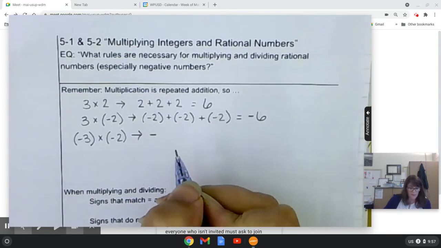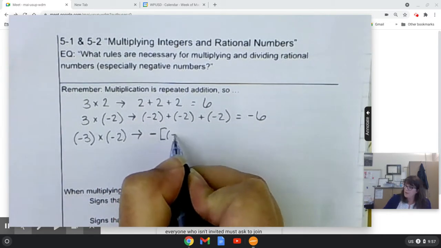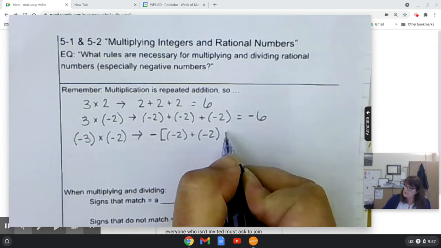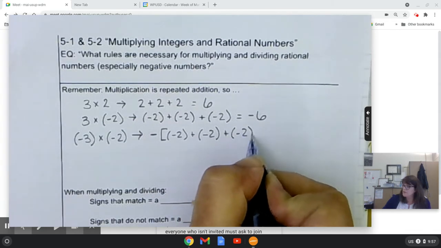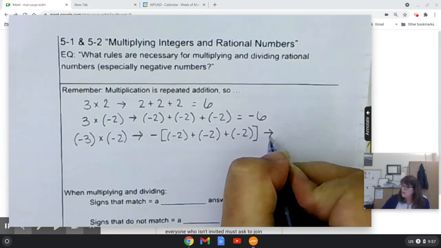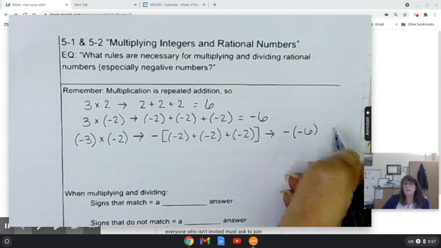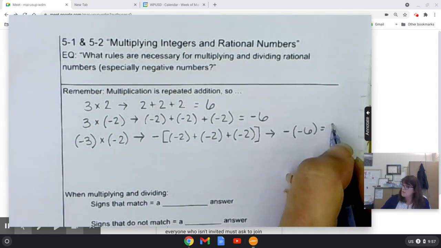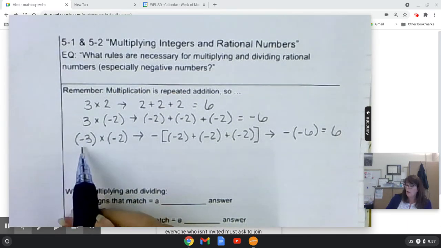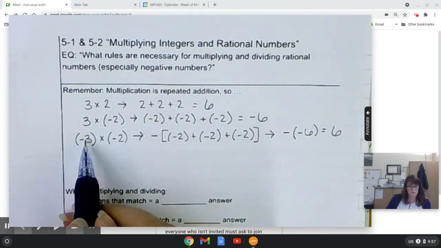We have the opposite of negative 2 plus negative 2 plus negative 2, which is the opposite of negative 6, which equals 6. So when you have two negatives, you're basically saying that you're going to have the opposite of doing this thing this many times. Okay?